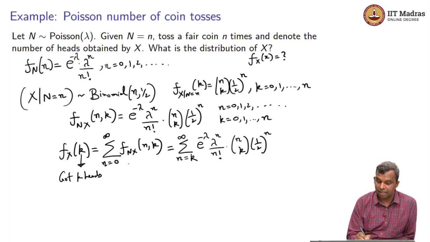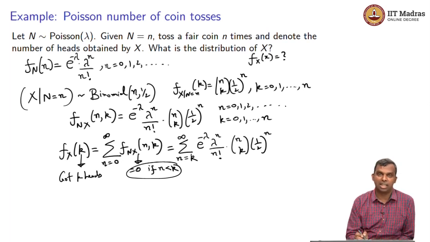If n is less than k, this becomes 0, isn't it? There is no way you can get k heads if you only tossed fewer than k times. So, it is non-zero only if n is greater than or equal to k, since k goes only from 0 to n. So, you start from k to infinity and do this summation, and you will get a distribution for X.